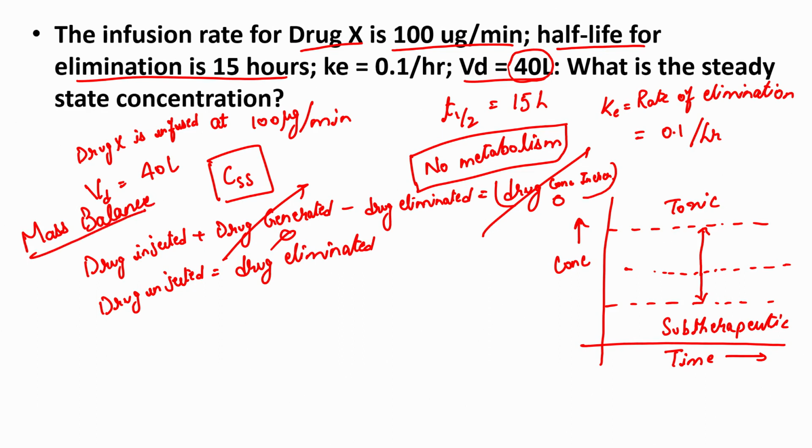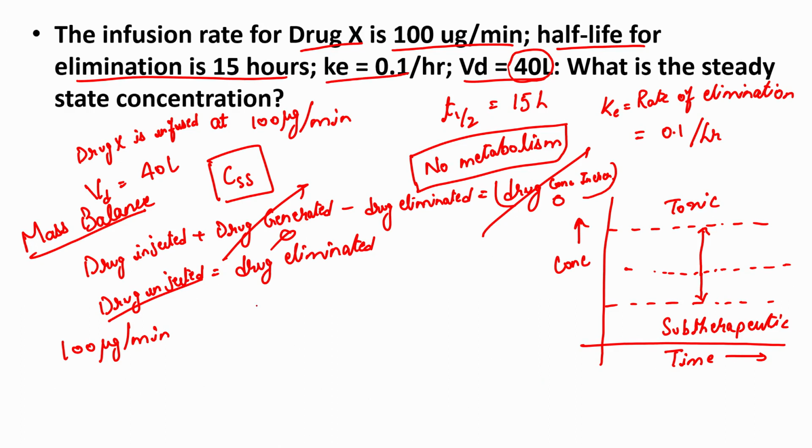Right. Now, let us look at each of these. So, we know that the drug injected is already 100 μg per minute, and what about the drug that is eliminated? Well, we do not really need to assume because the Ke is given to us. So, what is Ke?